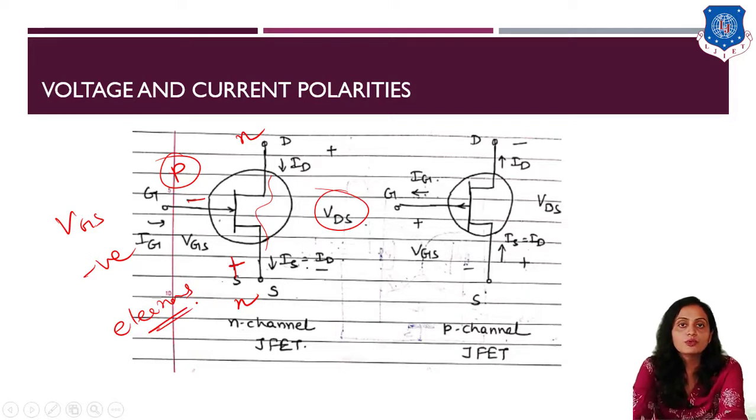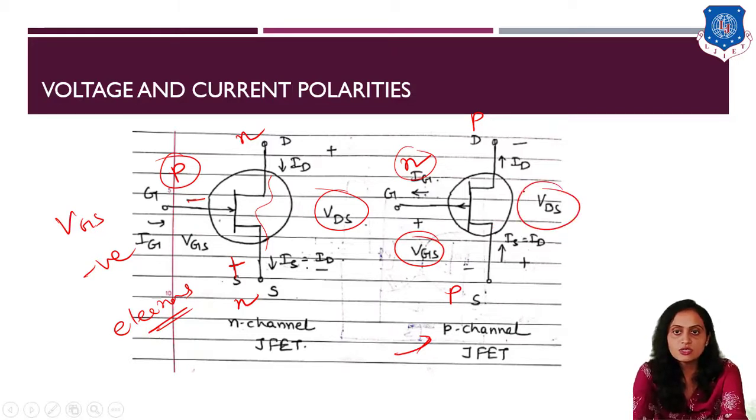Now all the voltage and current polarities will be opposite in the p-channel JFET. We have the p-channel JFET, that means drain and source are made up of p-type, and the gate is of n-type with a high doping concentration. And for an n-type gate, to bias this junction in reverse bias, we have VGS positive.